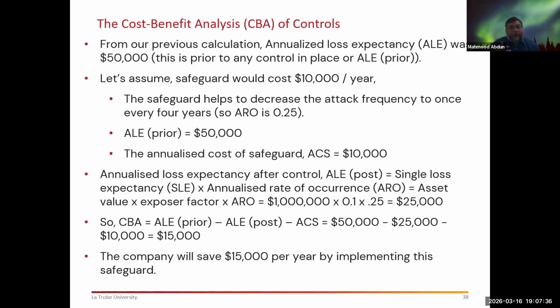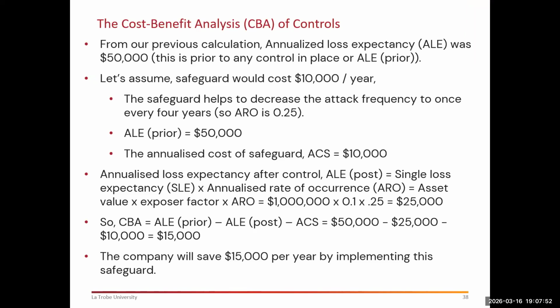What does it really mean? It means now the same attack is expected to happen once every 4 years rather than once every 2 years. Does it make sense? So the control is now decreasing the likelihood. Yes, Prasad, you wanted to say something? No, I just said yes. Okay, thank you. So the control has that effect, correct?